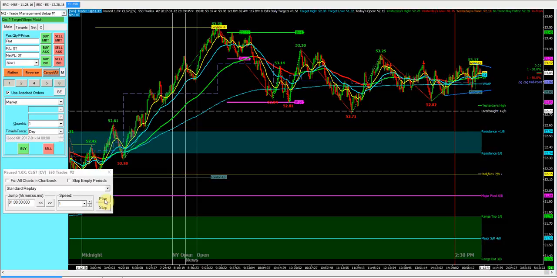We've got about 15 seconds till midnight. I have a special version of the Murray Math lines that I've written that is a little more accurate, in that it doesn't move the lines around nearly as much. I've been testing this for the past week or so, and it's worked out very well, especially on crude and on ES.